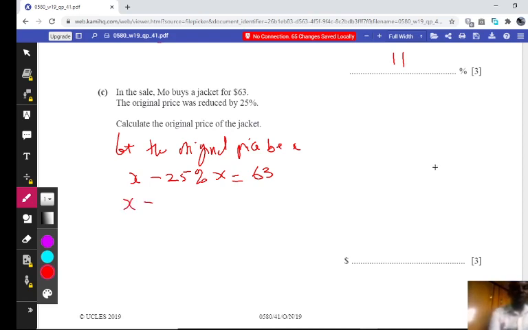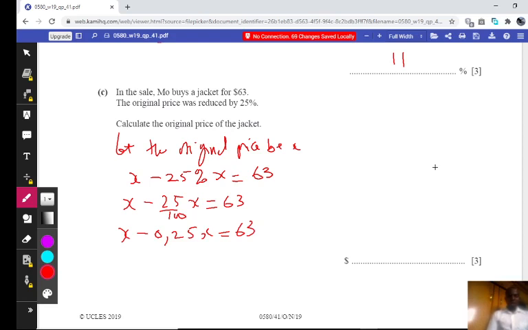So x minus 25%, better to use 25% as 0.25. So x minus 0.25x is equal to 63. If you apply x minus 0.25x, what do you get?